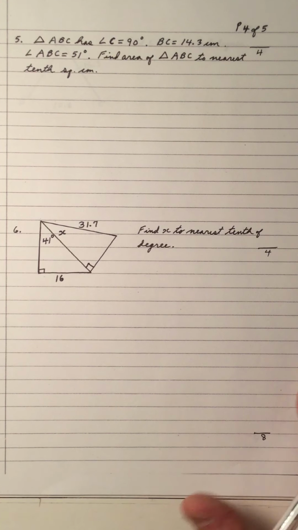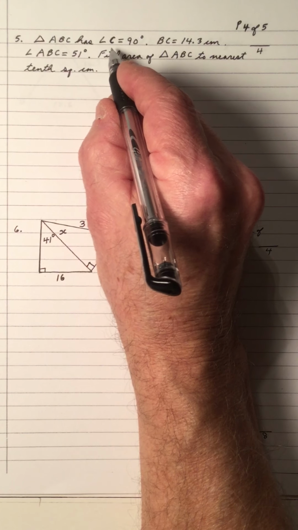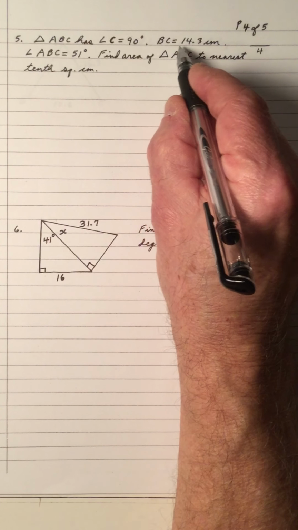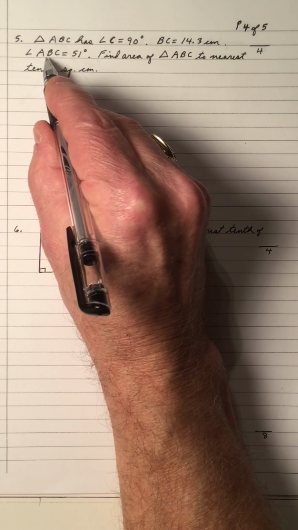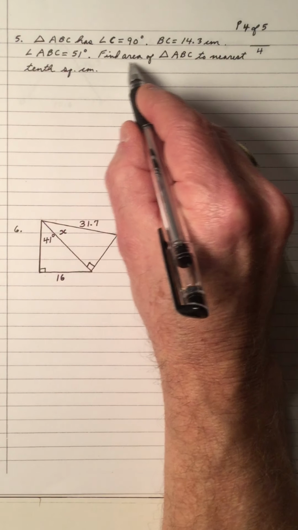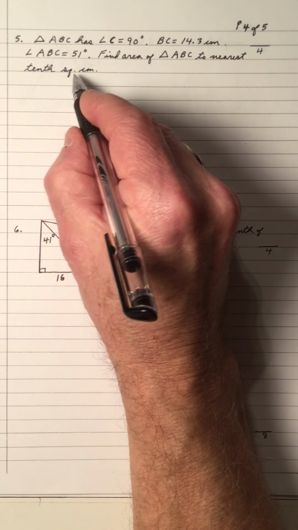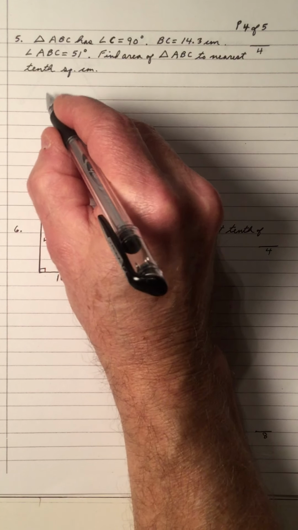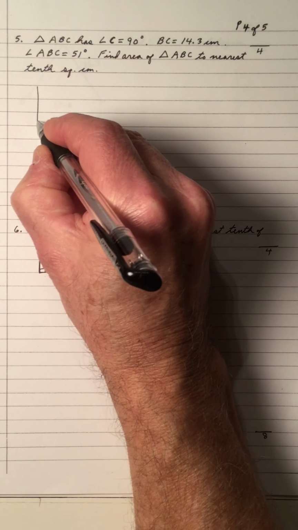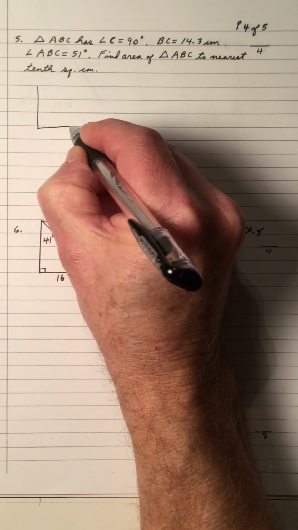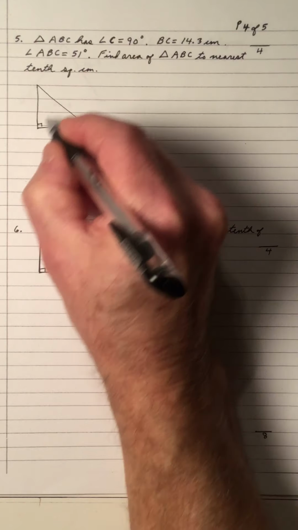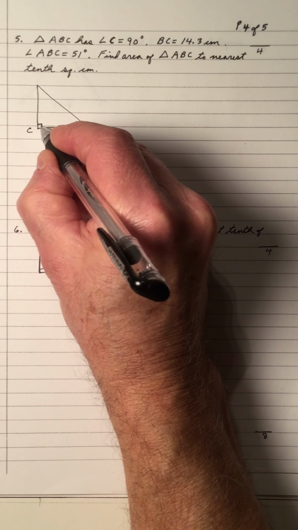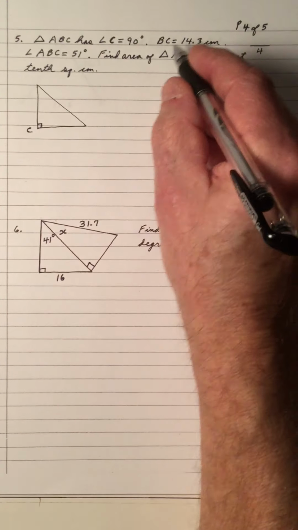And we have a triangle ABC has angle C is 90, BC is 14.3, and angle ABC is 51. Find the area of the triangle to the nearest tenth of a square centimeter. So we have a right triangle. It says angle C, so there's angle C to be a right angle.